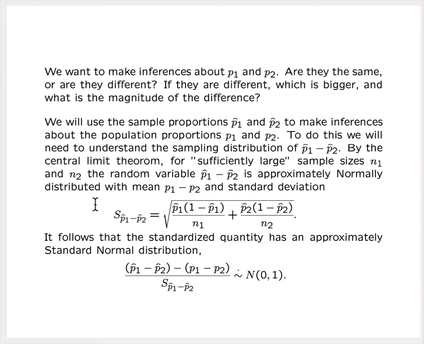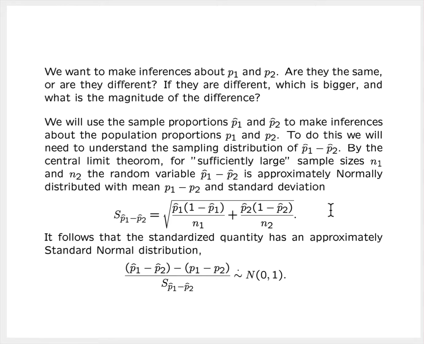We would read this as the standard deviation of P1 hat minus P2 hat, and that is equal to the square root of P1 hat times 1 minus P1 hat all over n1, plus P2 hat times 1 minus P2 hat over n2.